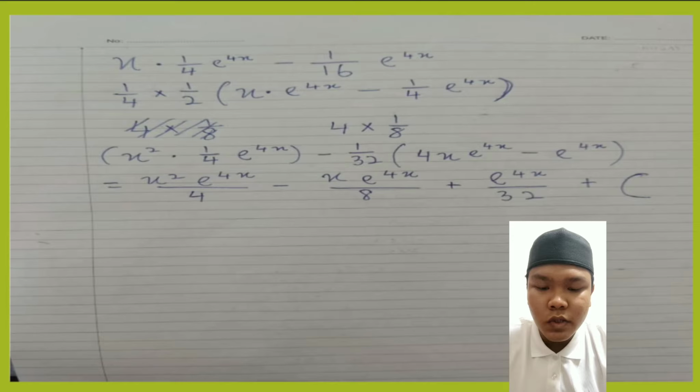Finally, use the third equation to integrate and get the answer: x squared exponential 4x over 4 minus x exponential 4x over 8 plus exponential 4x over 32 plus c.